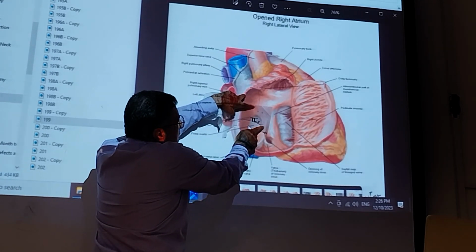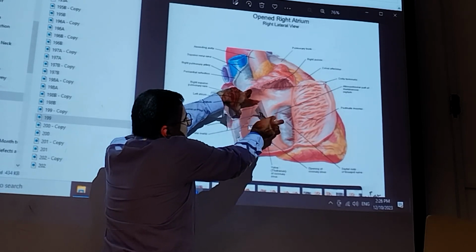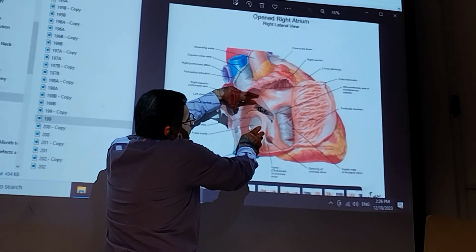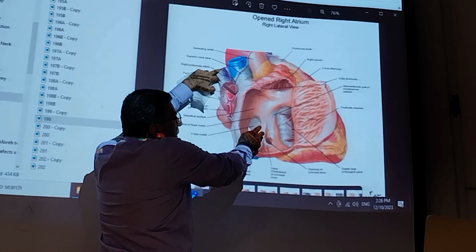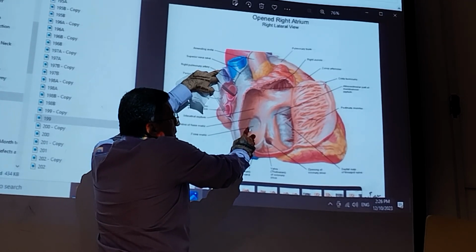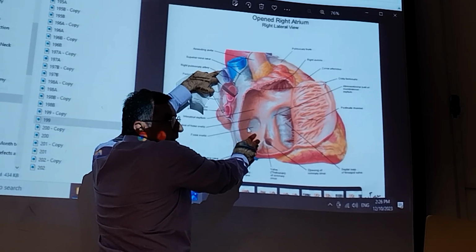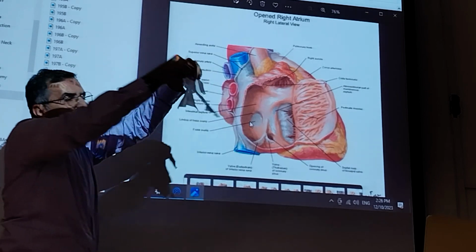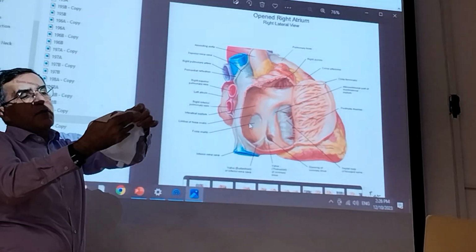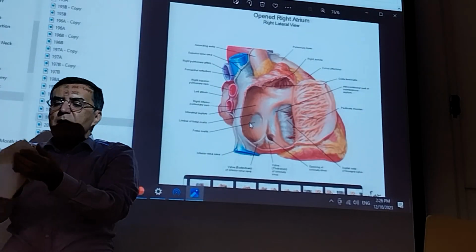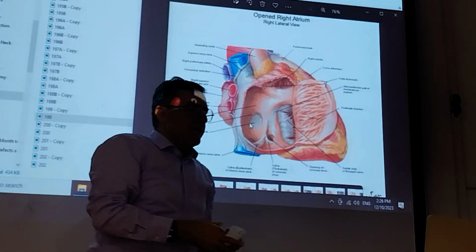We say the limbus is made by the septum secundum, and we can find the limbus in front, above, and posterior to the fossa ovalis. We don't see the limbus in the lower part because it is crescentic. And the floor of the fossa ovalis is made by the septum primum. Is it clear? Yes. Okay.